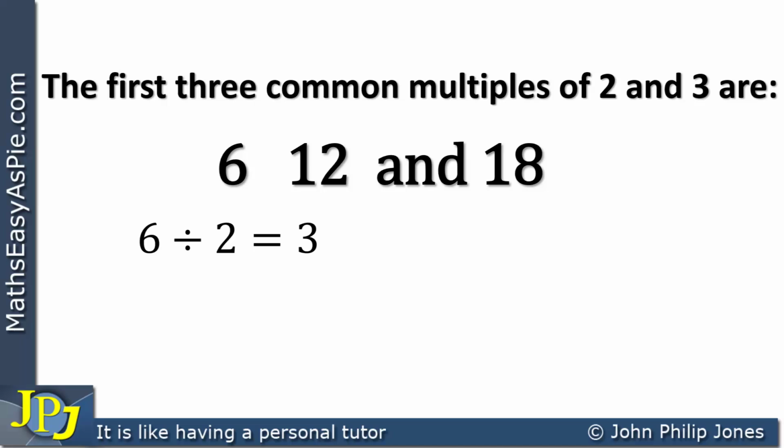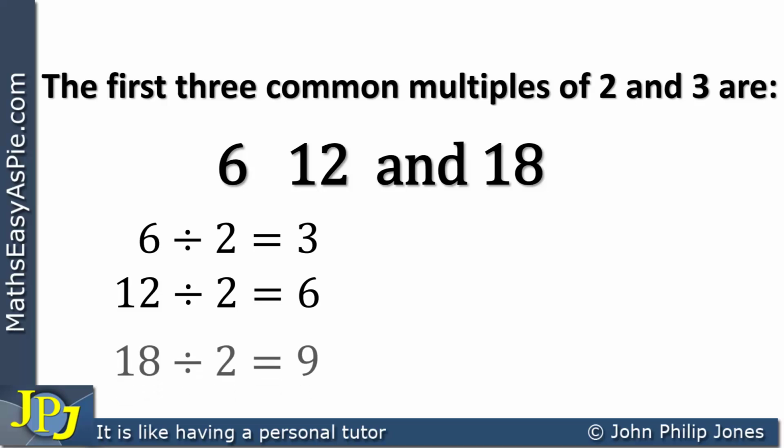So we know 6 is a multiple of 2. We then divide 12 by 2, and that gives a whole number, i.e. no remainder. So I know 12 is a multiple of 2. I then divide the 18 by 2 and see that gives me 9. No remainder because it goes exactly. So I can see that 6, 12, and 18 are multiples of 2.